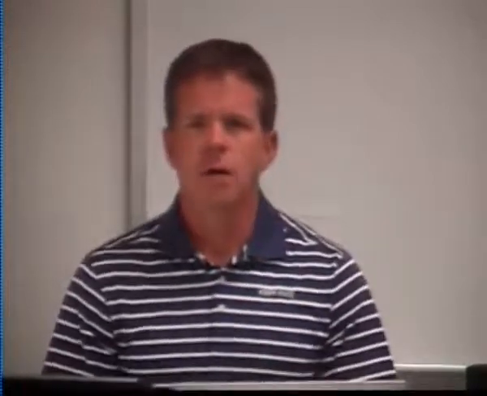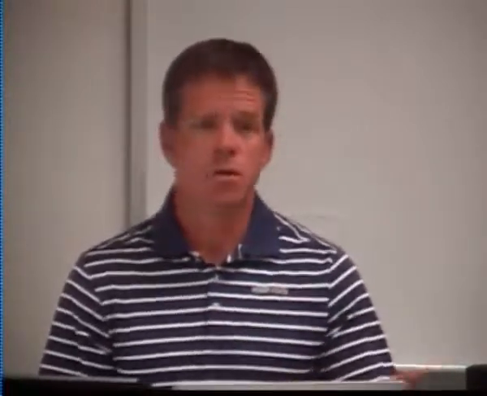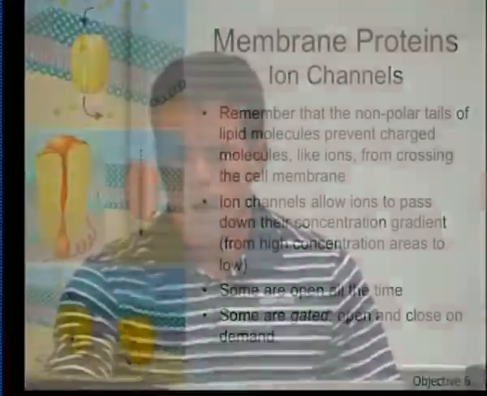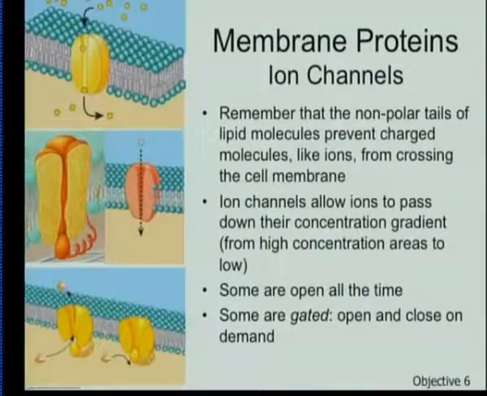We'll also talk about differences in charges, positive charges and negative charges. Therefore, there's also very often an electrical gradient established as well. So we can have that gradient exist, and then by opening these channels, we can allow the ion that the channel is specific for to move along that gradient.